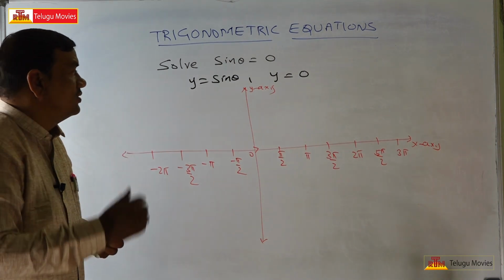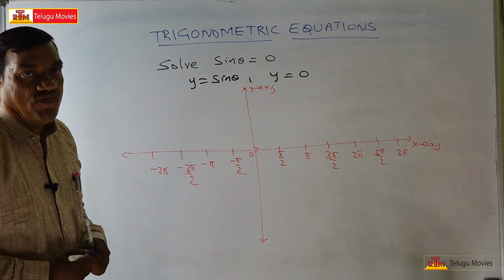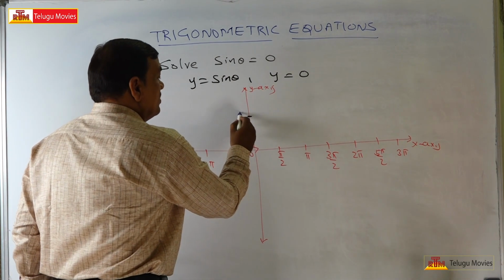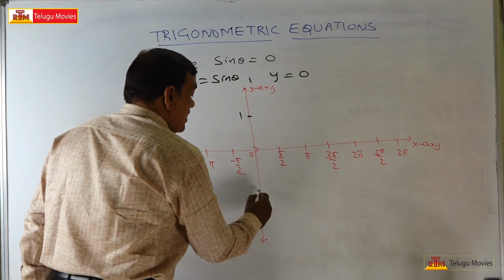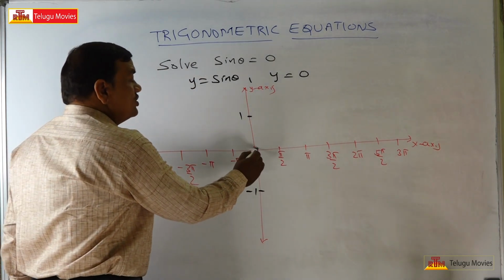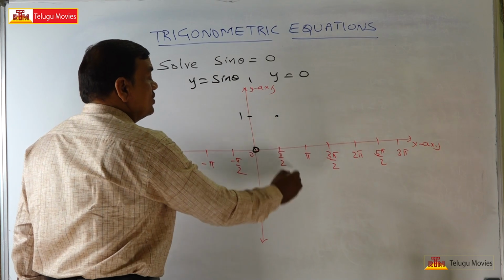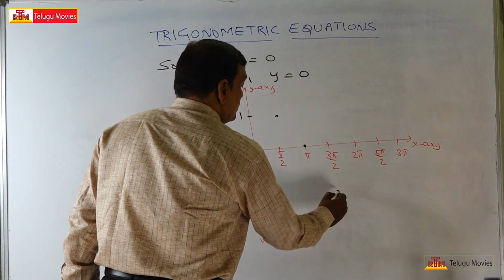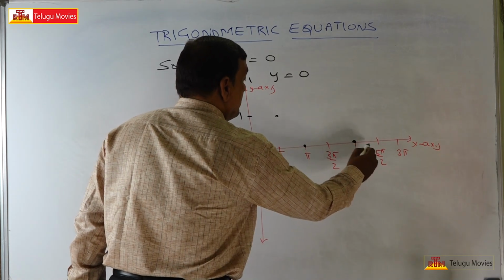Understand? Right. First I will draw the graph of y is equal to sin theta. We know that sin theta takes the maximum value 1 and the minimum value minus 1. So sin 0 is equal to 0, sin pi by 2 is equal to 1, sin 180 degrees is equal to 0, sin 3 pi by 2 is equal to minus 1, again sin 2 pi is 0.